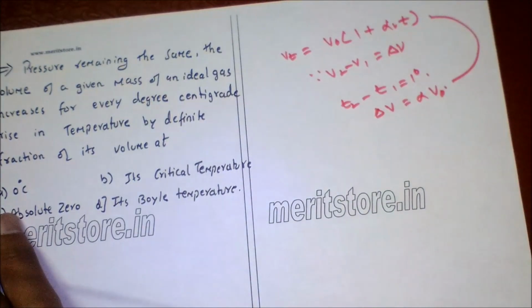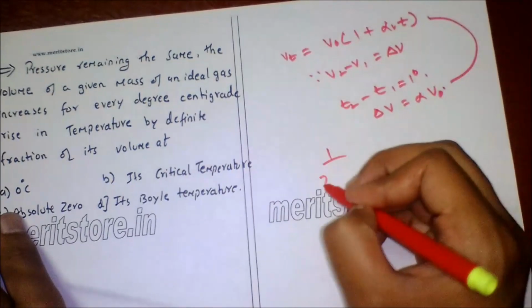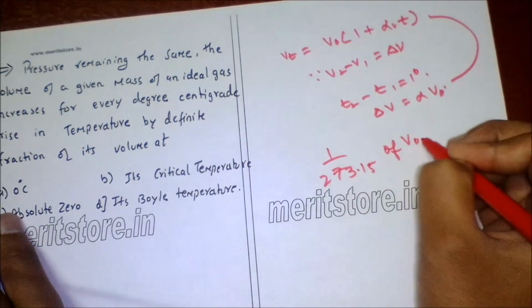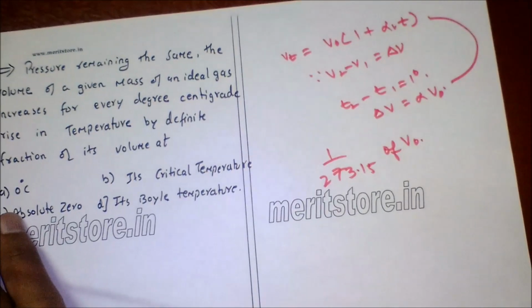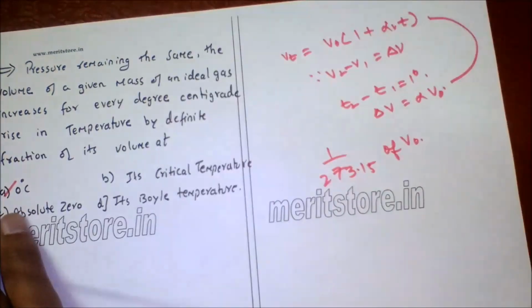From this, for every 1 degree rise in temperature, the volume of a given mass of ideal gas increases by a definite fraction of 1 by 273.15 of V0. Here V0 is volume at 0 degree temperature. So option A is the correct answer.